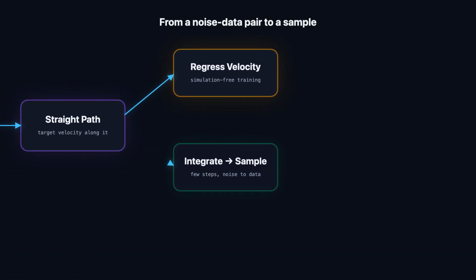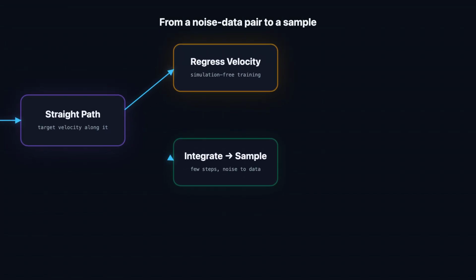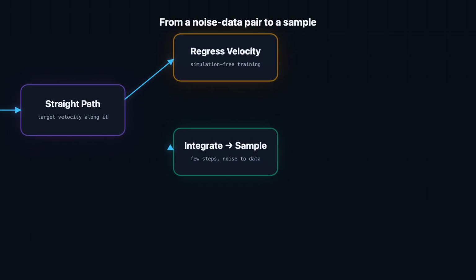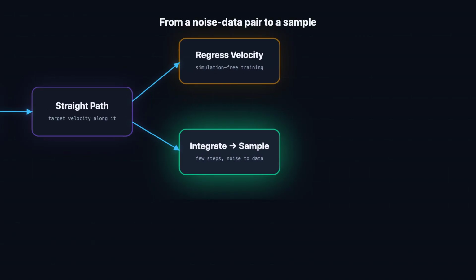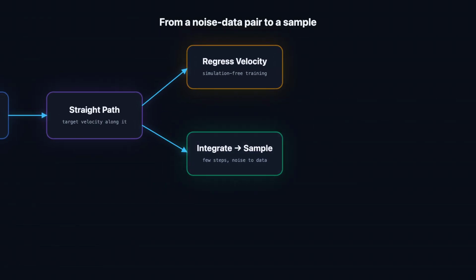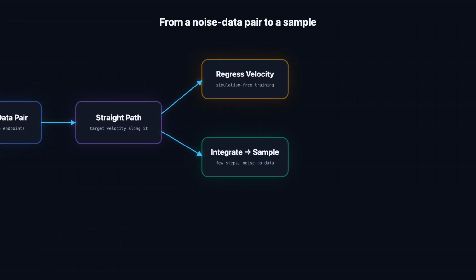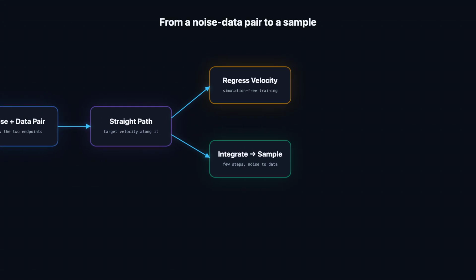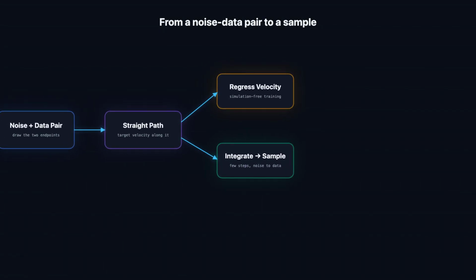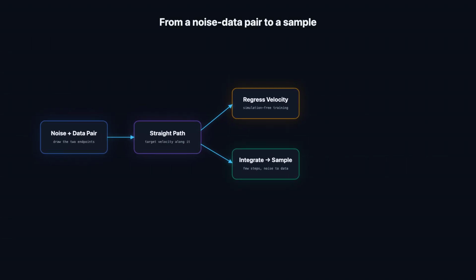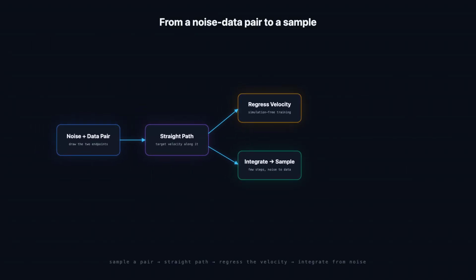That property is what people mean by simulation-free, and it's a big reason the method is so much cheaper to train. At generation time, you start from pure noise and follow the learned velocity field forward, integrating it step by step until you land on data. Because the paths are close to straight, there's very little curve to chase, so only a handful of steps gets you all the way there.